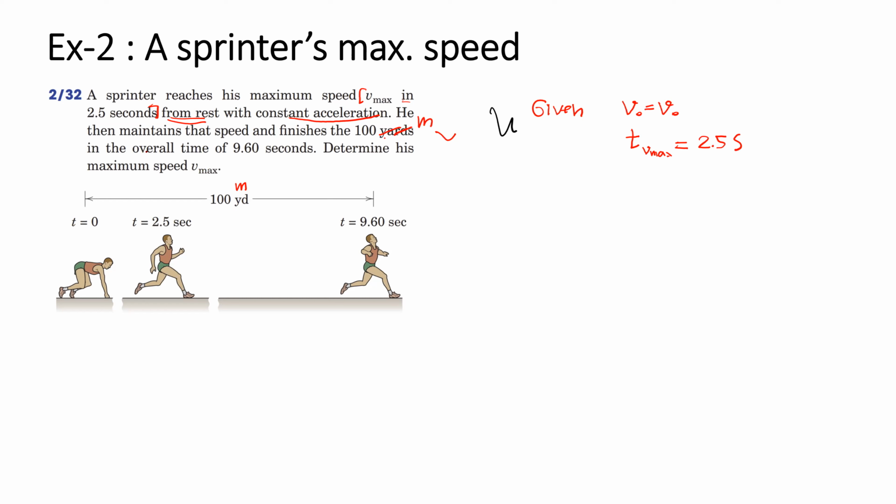and the overall time is 9.6 seconds, and the total distance, x total, x final is equal to 100 meter, and the time that he completes the distance of 100 meter, or the time final, is also 9.6 seconds.